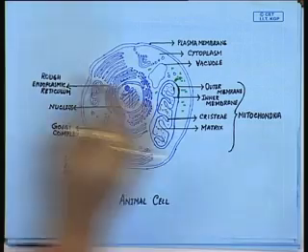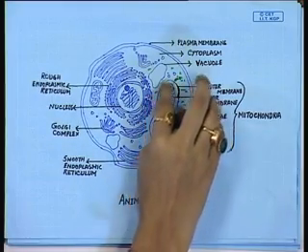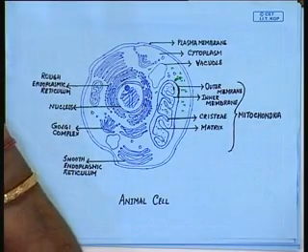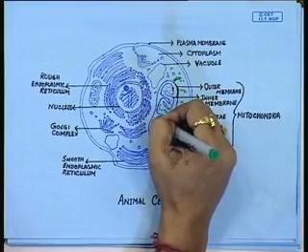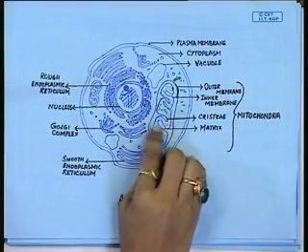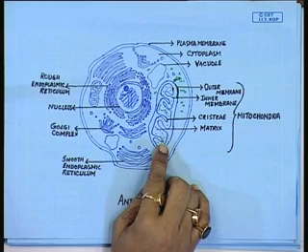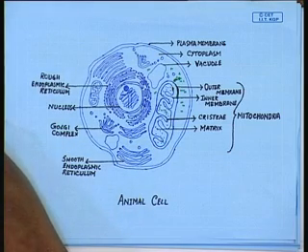So, this is all about the mitochondria, and why am I talking about the mitochondria so much? Because the electron transport chain and oxidative phosphorylation, today's topic of our discussion, take place in this mitochondria, and that is the reason why I am talking about the structure of the mitochondria.